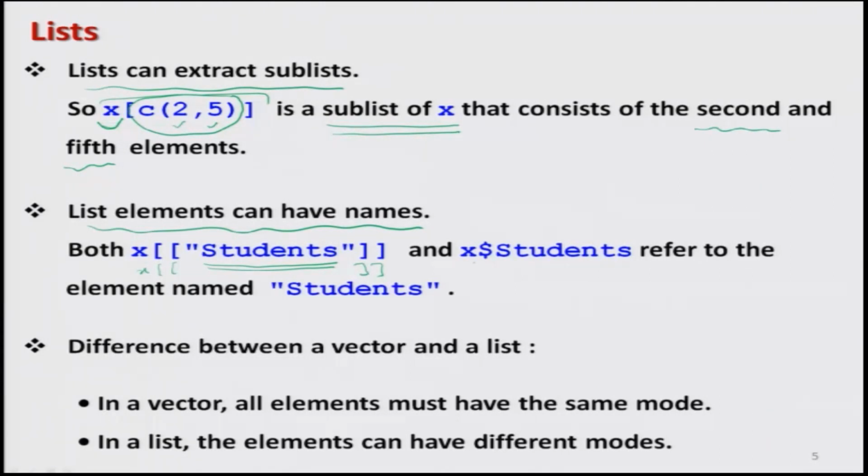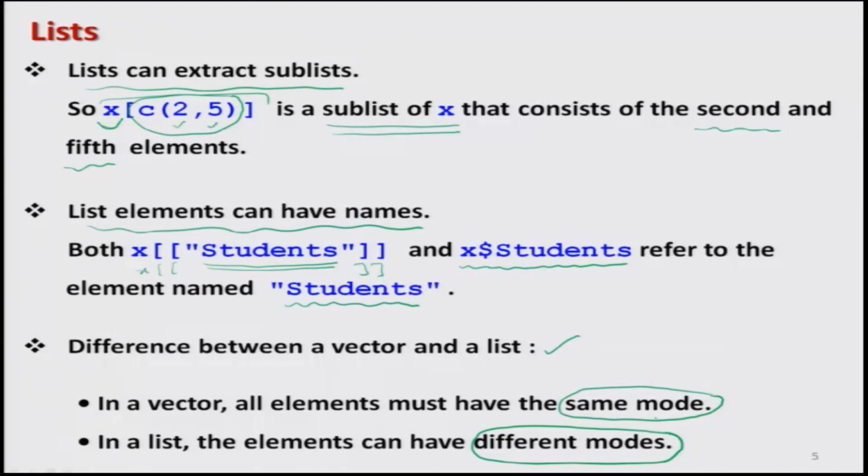That we had seen earlier, and we will see in further lectures also, this can also be obtained using this command x dollar students. And this means that I am trying to refer to an element whose name is students. So, the basic difference between a vector and a list is that in a vector all the elements are going to have the same mode, and in a list the elements can have different modes.